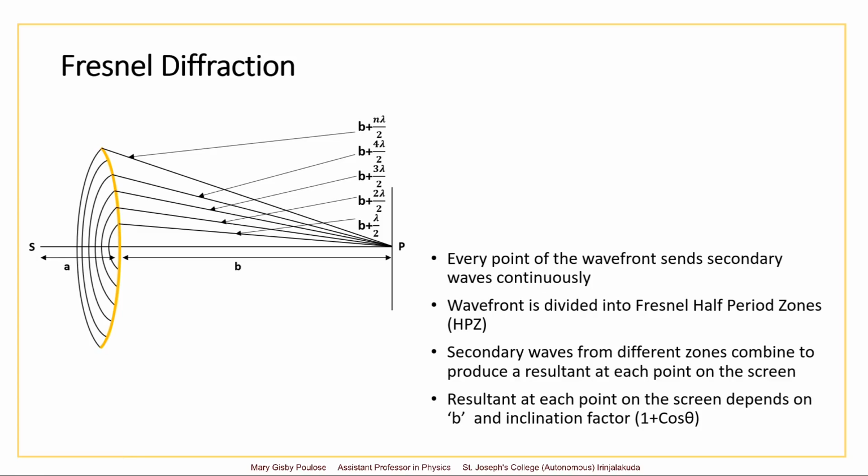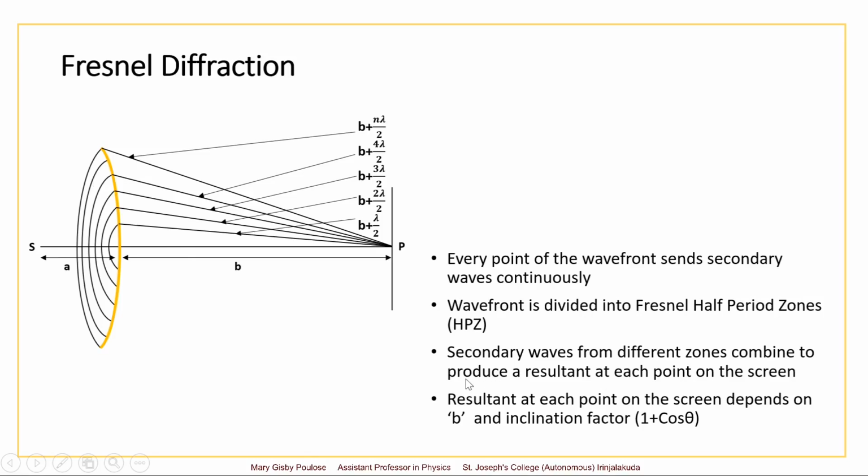This implies a phase difference of pi. Hence, if we take the average phase here, it will be 0 plus pi by 2, that is pi by 2. So its period is half, and hence these regions are called half period zones. It will be likewise in all these zones.